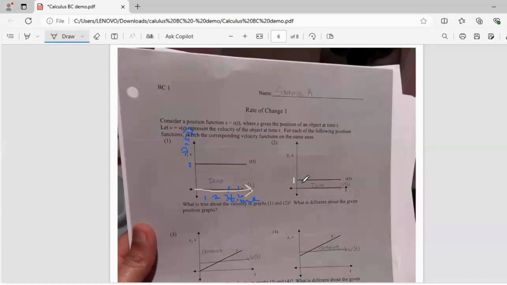At t equal to 2 seconds, I'm at a distance of 1 unit. At t equal to 3 seconds, I'm at a distance of 1 unit, which means I'm not moving. If I'm not moving, what is my velocity going to be? It'll be 0.